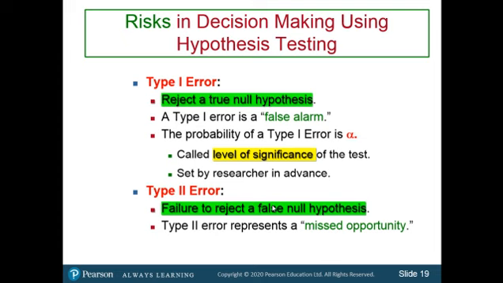Missed opportunity means we have the opportunity to reject the null, but we fail to reject. That's why it is called a missed opportunity. The probability of type 2 error is denoted by the symbol beta.